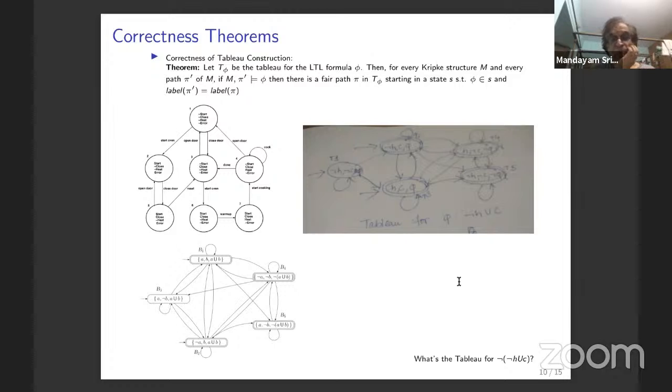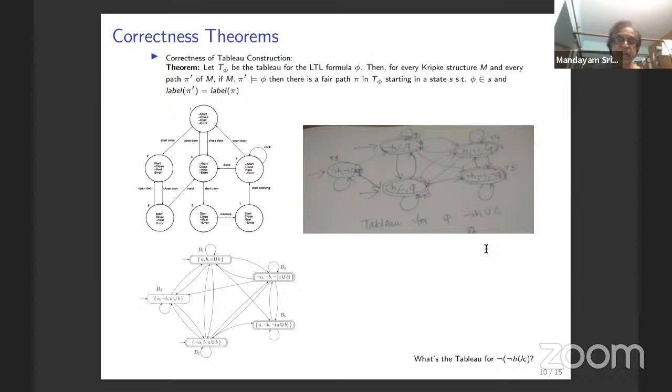Okay. Because the transitions and the states already are maximal, and you are taking account of the negation, all you have to do is change the initial states, and you get the tableau for the negation of the formula. Any questions?